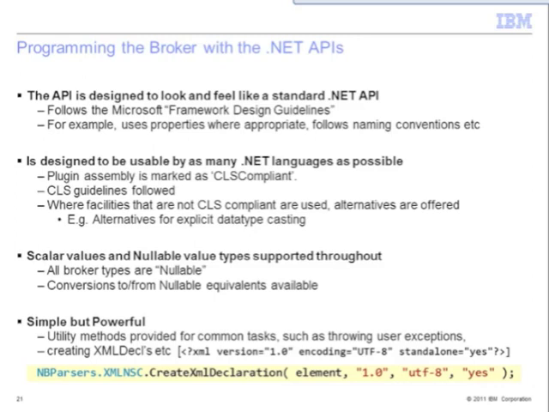Other facilities that are available in .NET that we took advantage of, things like scalar values and nullable value types, are supported throughout the API. All of the message broker data types in the message broker tree have the concept of null. So any data type can be null, which means that, of course, it may not have a value at all, and so we needed a good map from that to the .NET types, and the nullable data type was a perfect match for that.